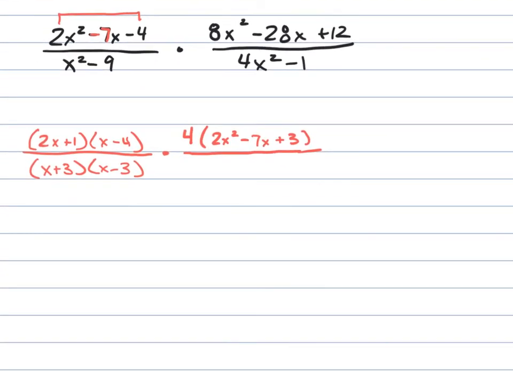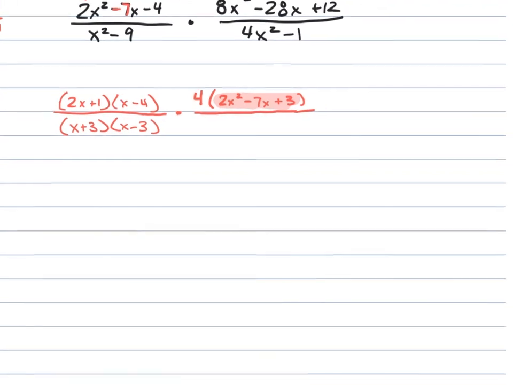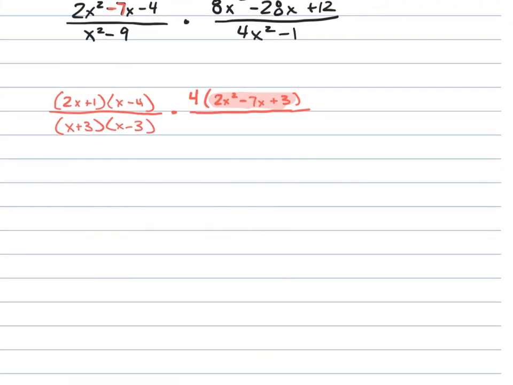Okay, now we still have to factor that top part, right? So this part right here, we still have to factor that. Okay, first times last in there. So we get 2 times 3 is 6. I need two numbers that multiply to give me 6 that when added will give me negative 7.